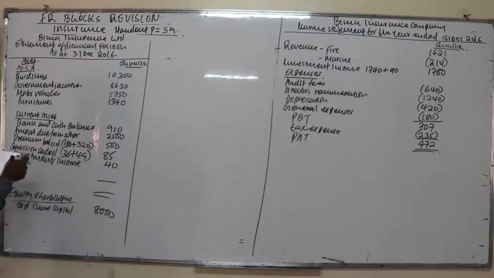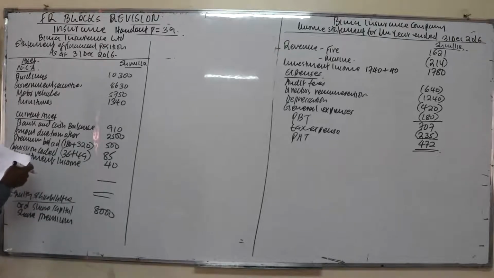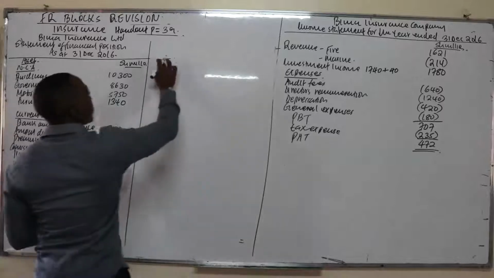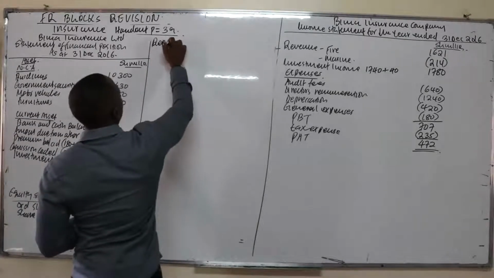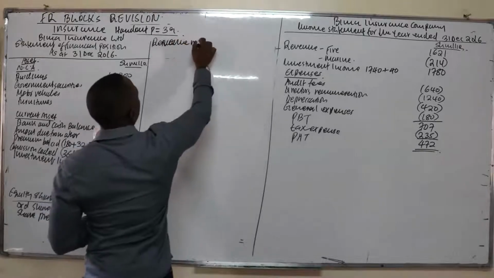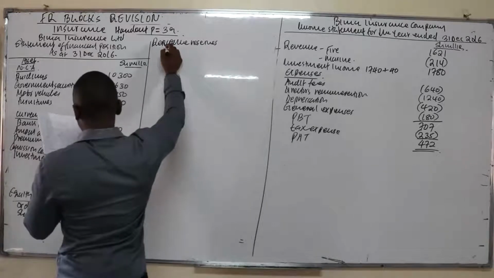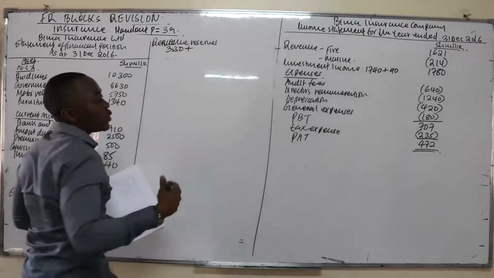Then we also have share premium, and for the share premium we have an amount of 4,000. Then we have revenue reserve, those are the retained earnings. For the revenue reserves, we have an amount of 550. And then you add the profit after tax.